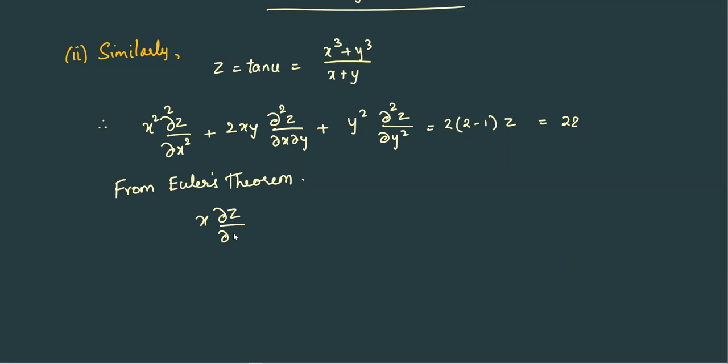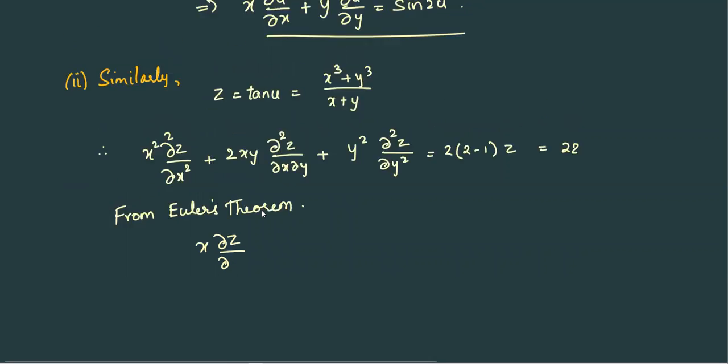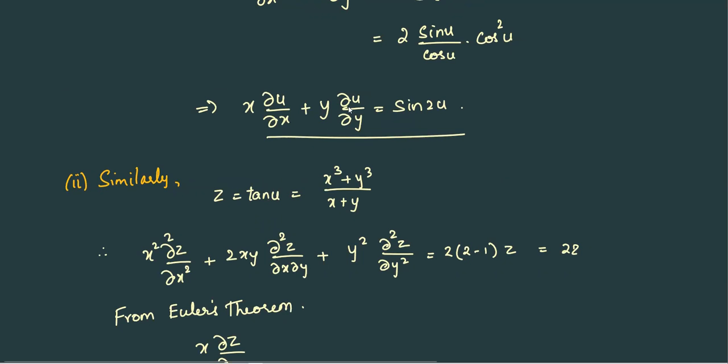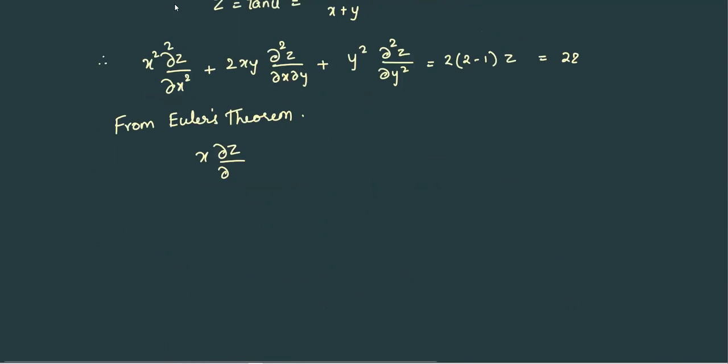We can just use this theorem. We already have x ∂u/∂x + y ∂u/∂y, which was shown to be sin 2u, right?